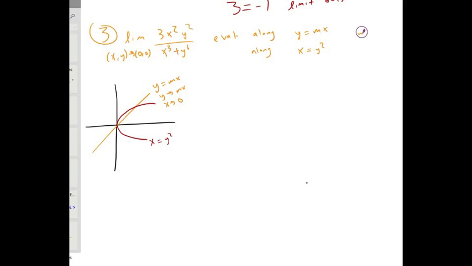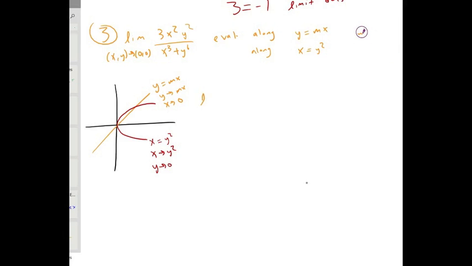And that way, both x and y will approach 0, because mx approaches 0 as x approaches 0. And then for this, we'll have x approaching y squared first, and then we'll have y approach 0, because y squared approaches 0 as y goes to 0.